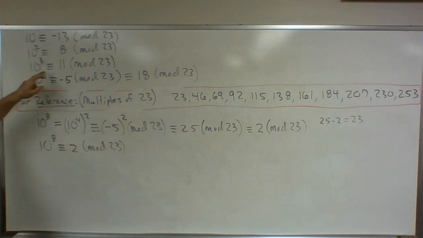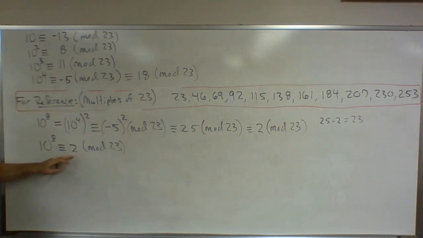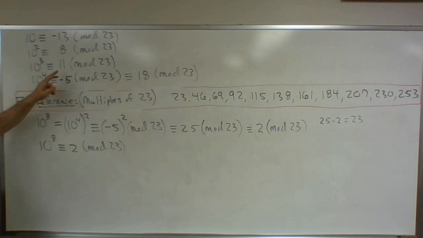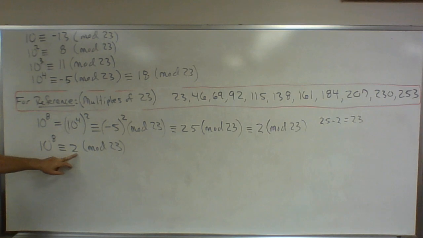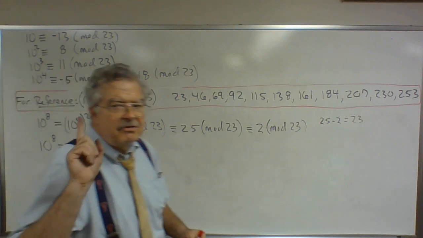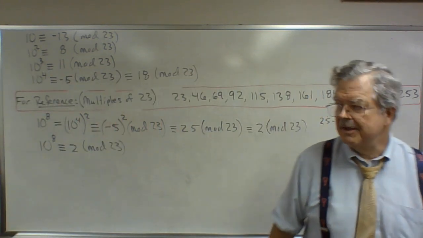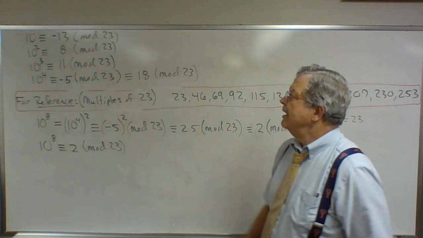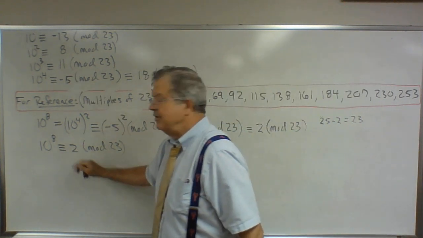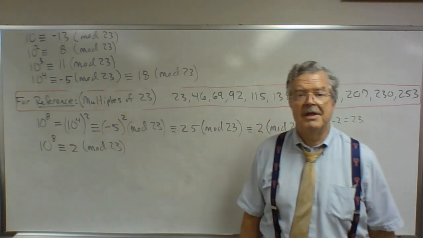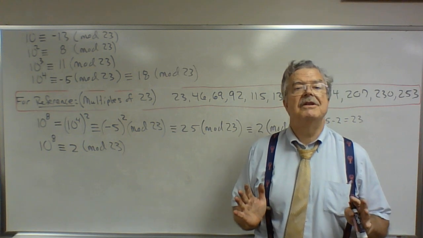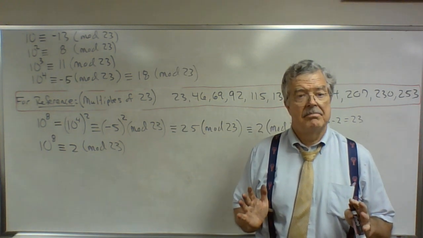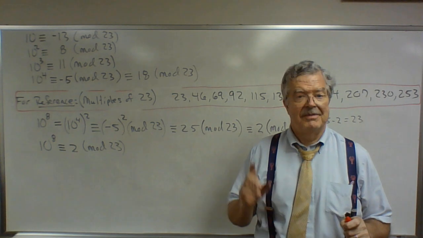I have something that gives me 11 mod 23 and something that gives me 2 mod 23. 11 times 2 is 22, which is 1 less than 23. 11 times 2 is equal to 22, and that's equal to negative 1 mod 23.